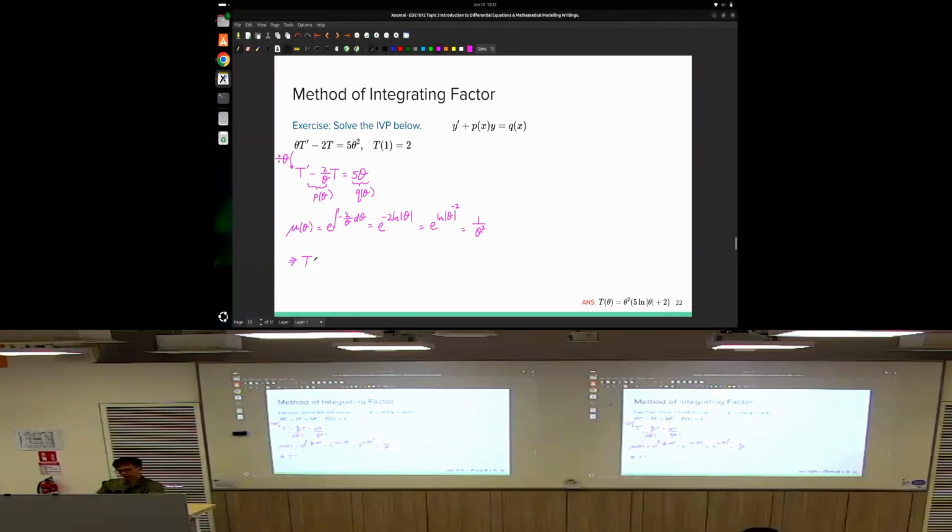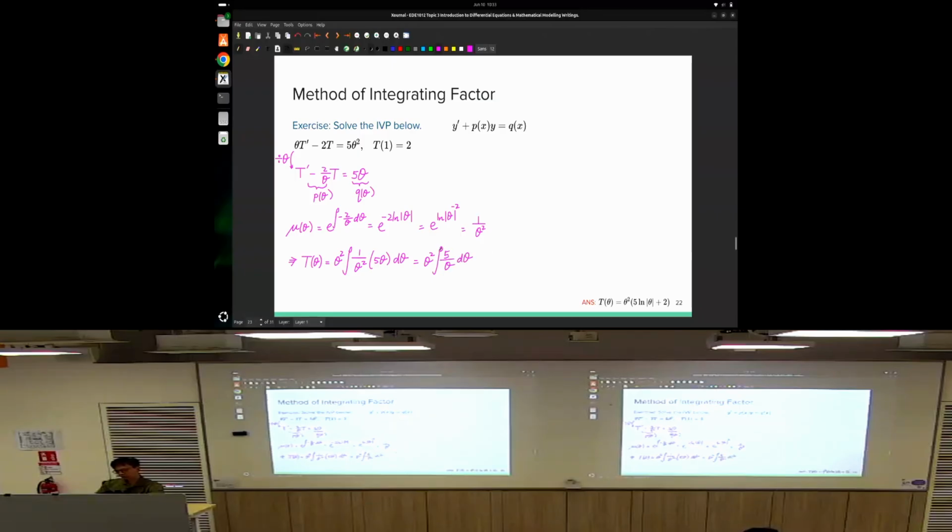Okay? So then, what's the general solution? So the general solution is T of theta is 1 over mu. But 1 over mu is just theta squared. Then integral of 1 over theta squared times your 5 theta d theta. So this is really just integrating 5 over theta.